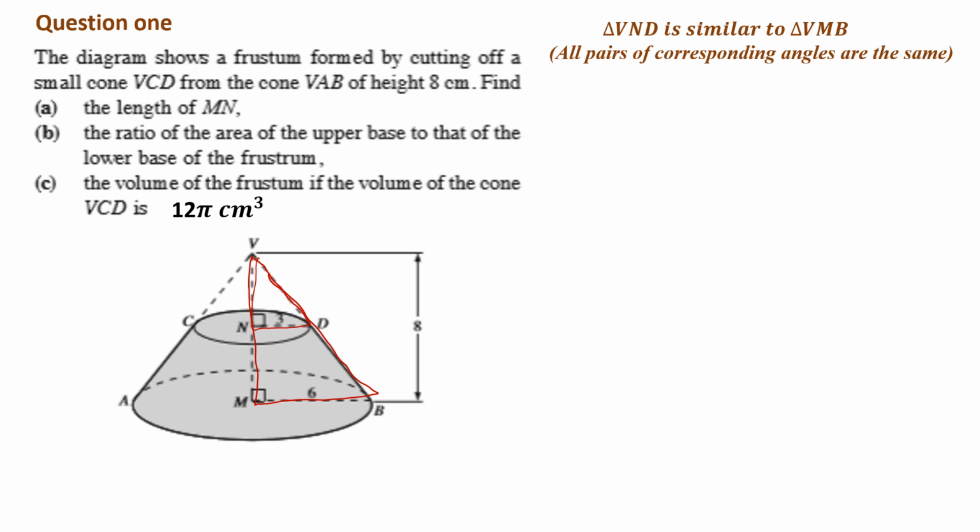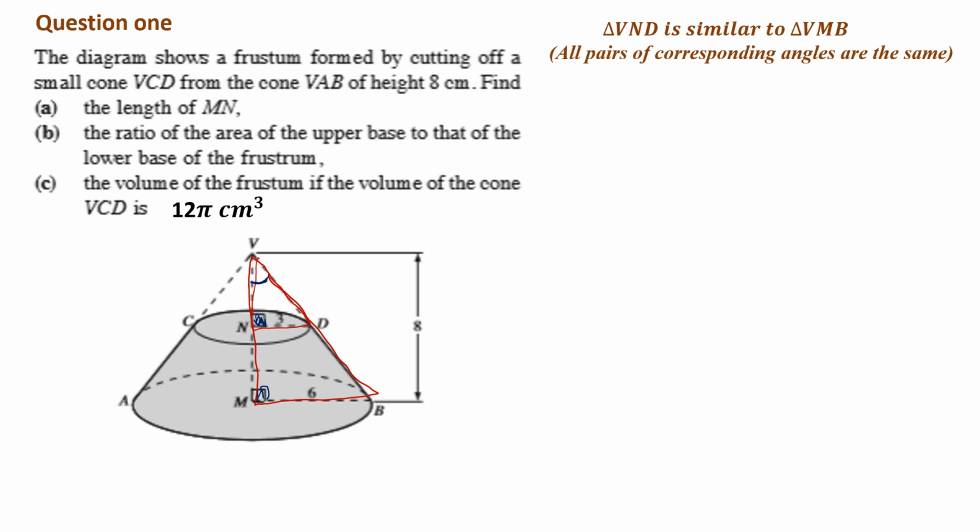How do we arrive at that? You see that we have a 90 degrees here, also a 90 degrees there, so that is one pair of corresponding angles. We have a common angle NVD, which is the same as MVB. And of course, the third pair of angles has to be the same due to the property of angle sum in a triangle.